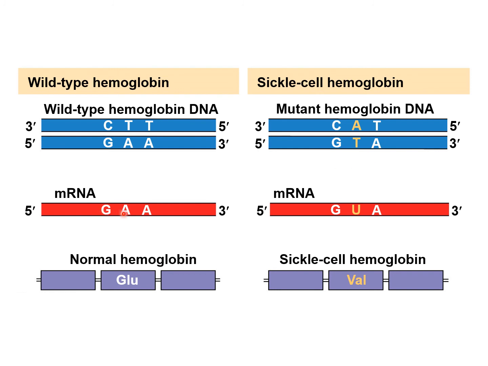So instead of a GAA codon, which encodes glutamine, now it's a GUA, and that encodes a valine, which is really, really hydrophobic. And what happens is, under oxidative stress, the sickle cell hemoglobin will begin polymerizing and cause long stretches in the cell as these hemoglobins polymerize.